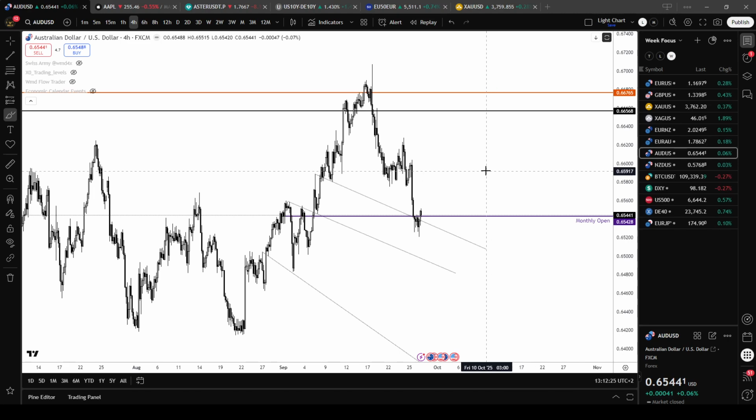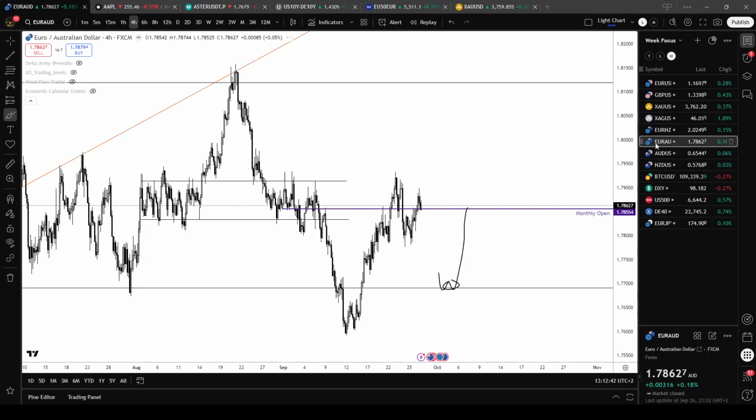That way I know which market to play. So I do think that AUD USD looks better for longs than Euro USD. That automatically translates into lower Euro AUD.